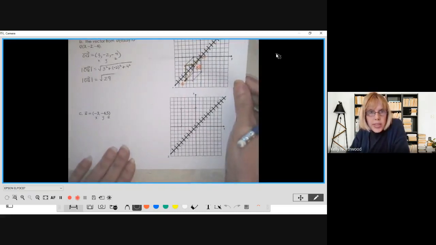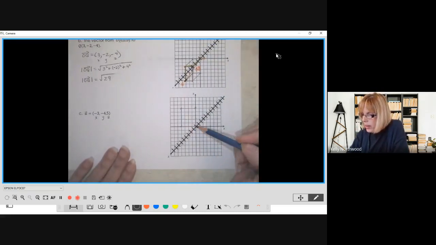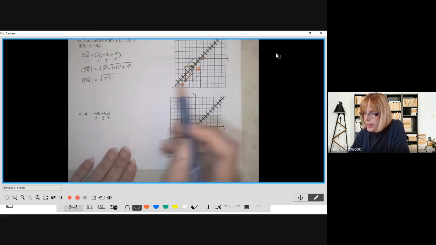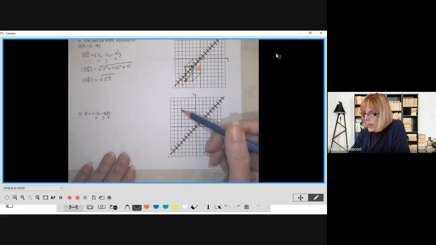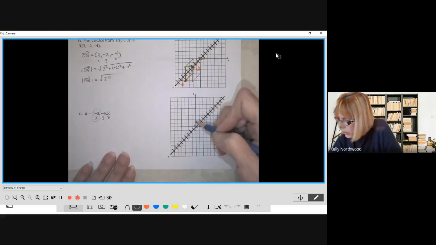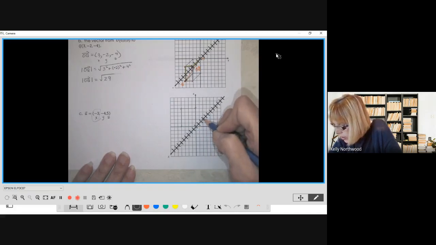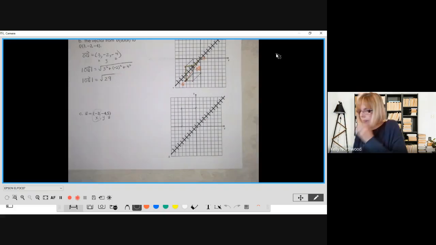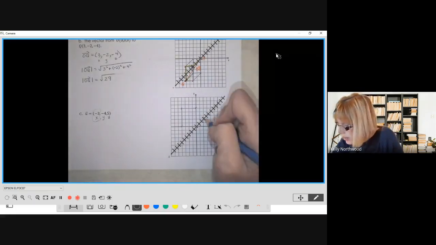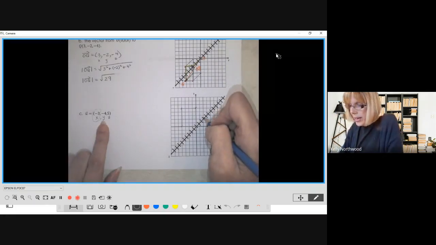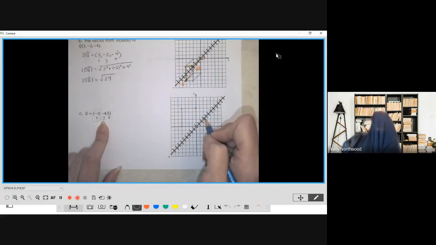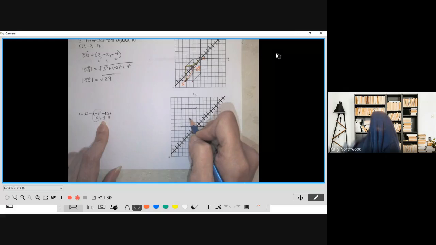All right, so back to C. We've drawn either the front or back of the box. Now in this case, it's going to end up being the front of the box because x is -3. So from 0, I'm going to go 3 in the negative x direction, which is into the page, 1, 2, 3. So there's going to be a corner of my box right here. So from that corner, I'm going to apply -4 in the y direction. So I'm going to go over from here, 1, 2, 3, 4.